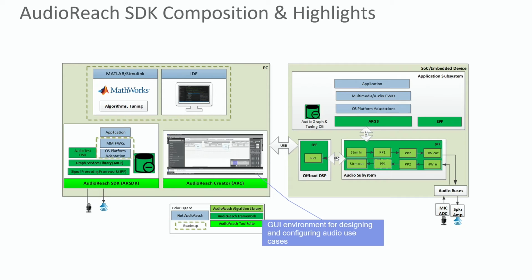This is the main tool that provides a GUI environment for developers to design and configure audio use cases. Through this tool, you'll be able to import the processing modules that the designer is designing, and form the audio use case graph by dragging and dropping the modules available for your system.